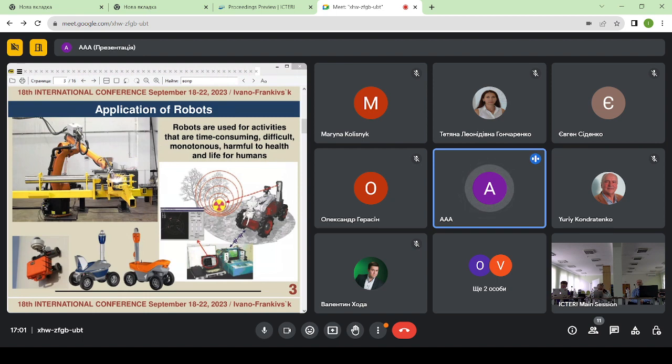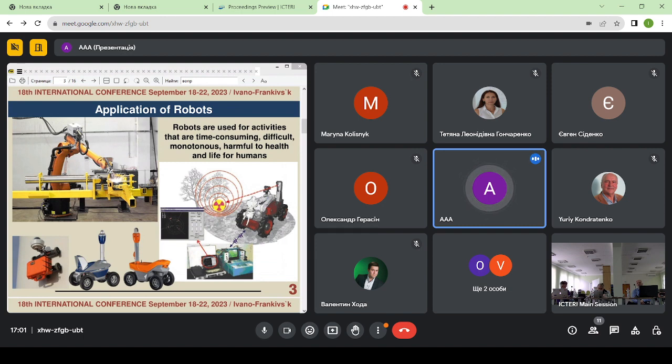Robots are used for activities that are time-consuming, difficult, monotonous, and harmful to the health and life of humans. The practical purpose of creating robots is to transfer those types of activities to them.